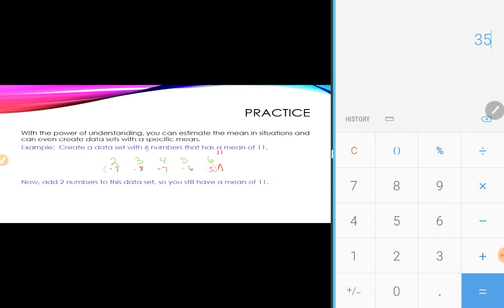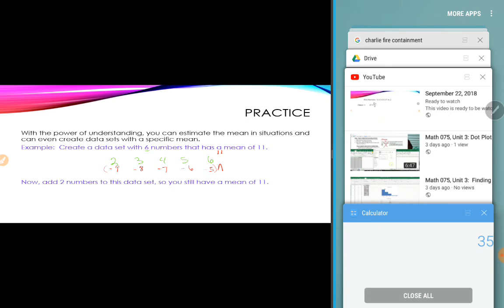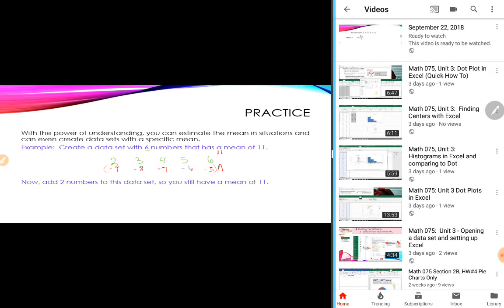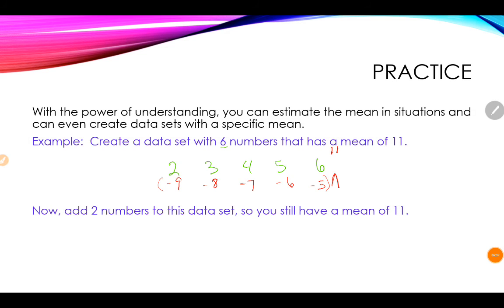So on the left, I have a negative 35. Which means whatever number I have on the right, there's only one number left, should be positive 35 away from 11. So 11 plus 35 would give me that sixth number of 46.